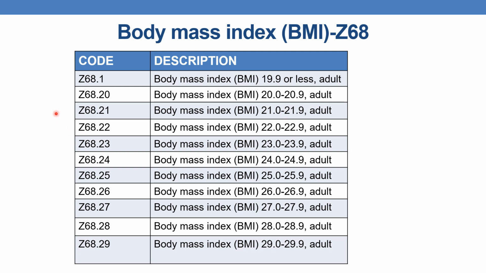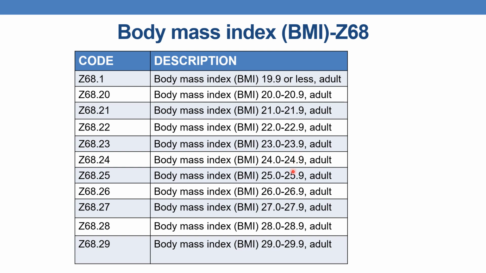Next code is Z68.21. It is used when the BMI is 21.0 to 21.9. The next is Z68.22. It deals with when the BMI is 22.0 to 22.9. The next is Z68.23, when the BMI is in the range 23.0 to 23.9.